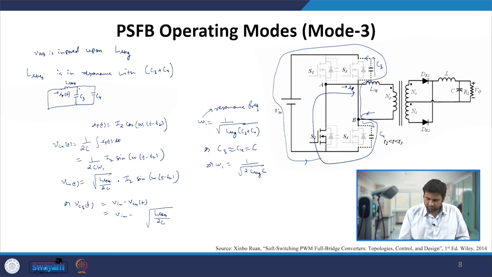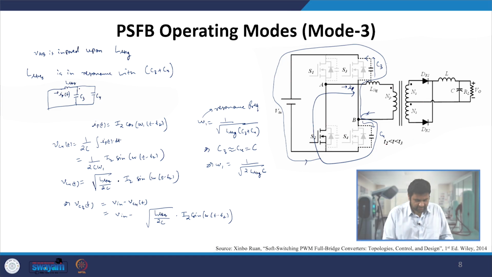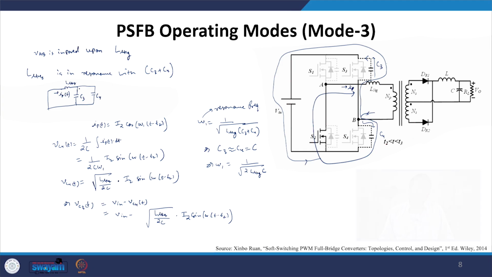If we put omega 1 to be equal to 1 by square root of 2 L leakage C, so 2 L leakage C will go up, and so square root of L leakage will be there, and this divided by 2C, it will be under root, comes over here, and that will be nothing but I2 sine omega 1 t minus t2. So with this, the VC3 voltage is going down in a sinusoidal fashion, and VC4, the voltage across the capacitor C4, is actually charging up in that sinusoidal manner.